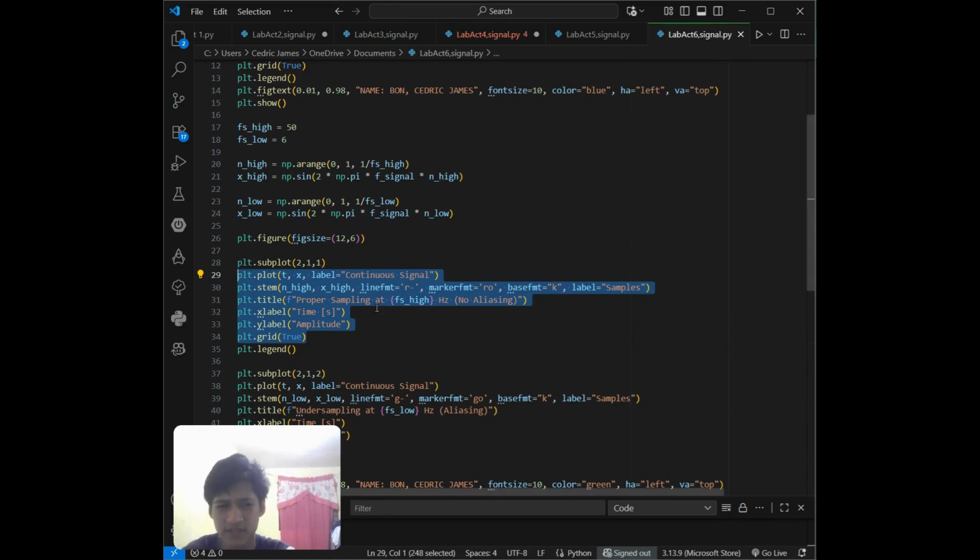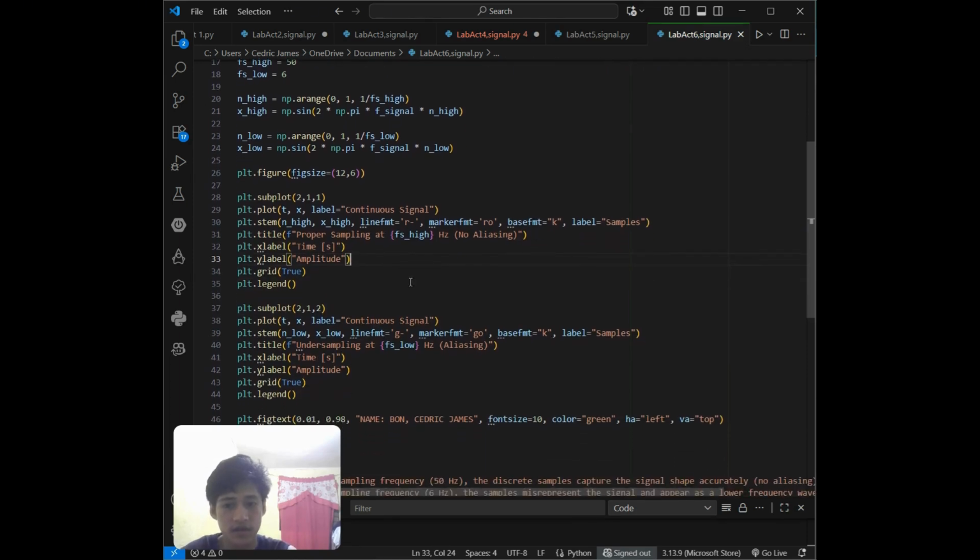It creates a new figure with a wider size. So the plt.plot plots the continuous signal and its discrete samples since fs is equal to 50 hertz.